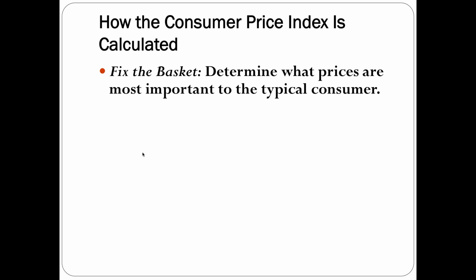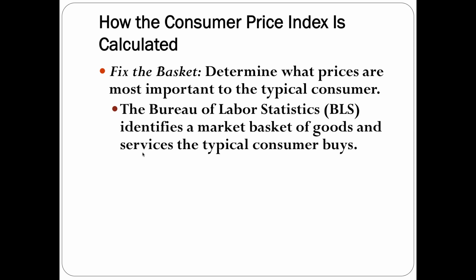So if they are following the prices of goods that people don't buy typically, then the CPI measurement is not going to be accurate. So they need to figure out what are people buying, and then they're going to follow the prices of those goods. So the Bureau of Labor Statistics identifies a market basket of goods and services that the typical consumer buys. They'll set weights for those goods and services as well.